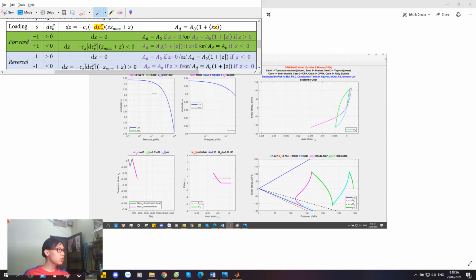For the reversal loading, you can see first we have the VB is positive at the first time, but the VB will be negative when the loading surface meets the dilatancy line like that. So you can see for the first time we have dz equal to 0 because the VB is positive, and AD is still A0 and did not change.